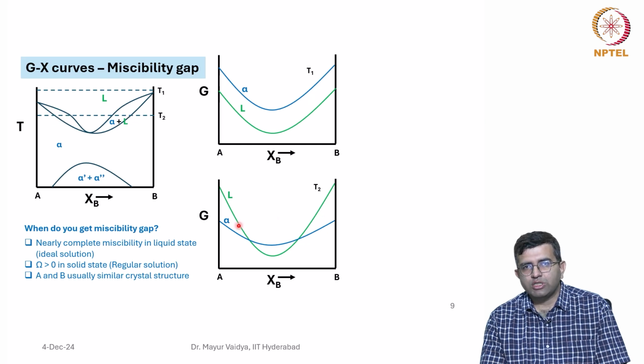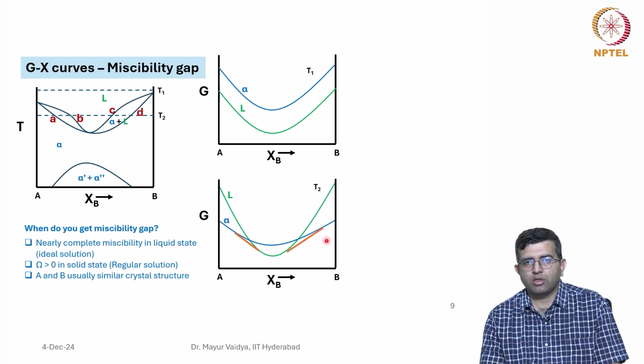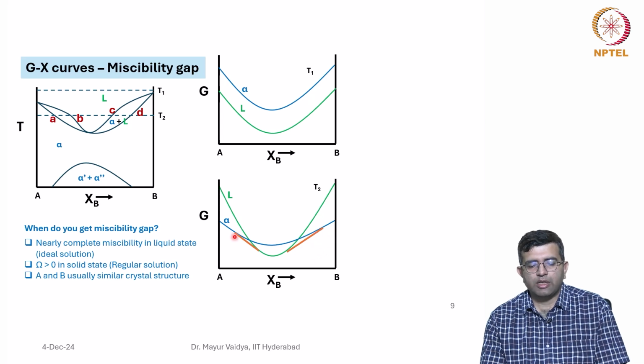So, when you draw the GX curve, it should be something like this, so that you have one common tangent here and one common tangent here. There are two intersection points for the alpha and liquid free energy curves, but there are 4 points where the common tangents touch. These are A, B, C and D.